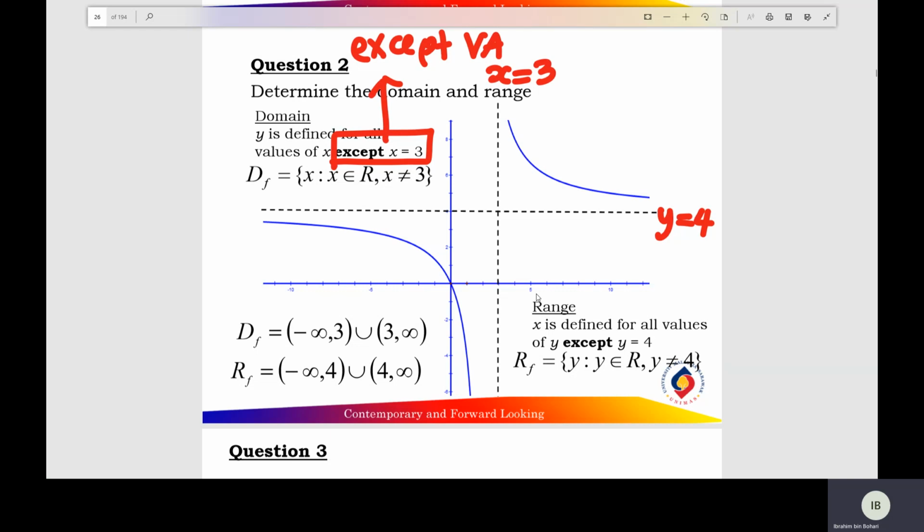So you write down the domain as a solution set or answer it in interval notation. So from the left of the function, the domain is negative infinity to x equals 3. So here you label.